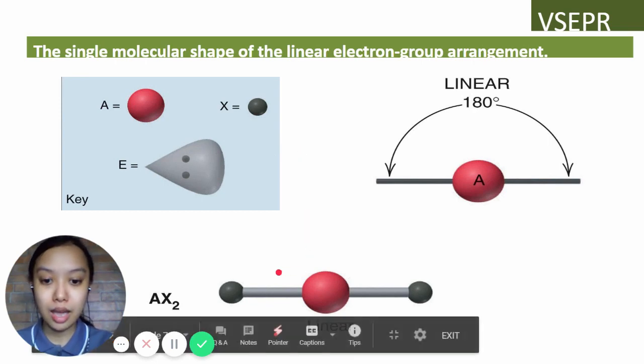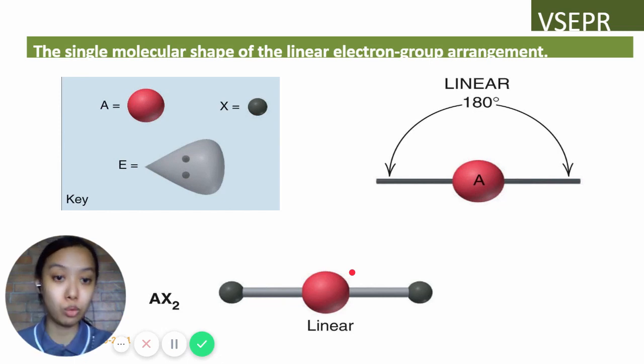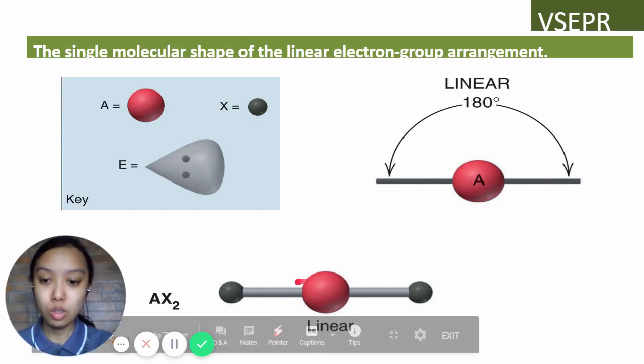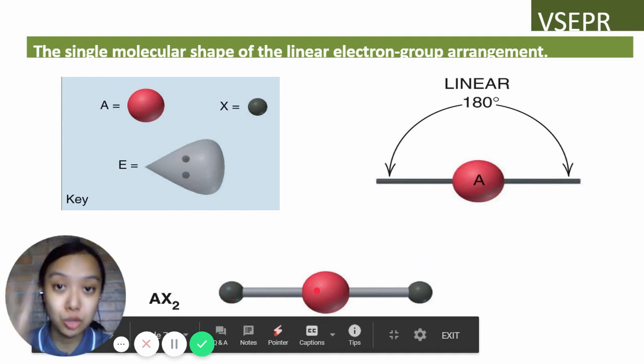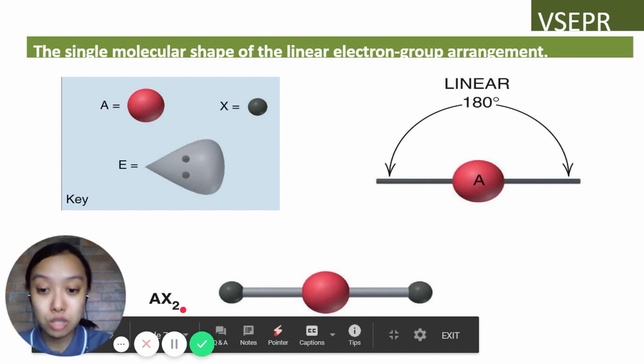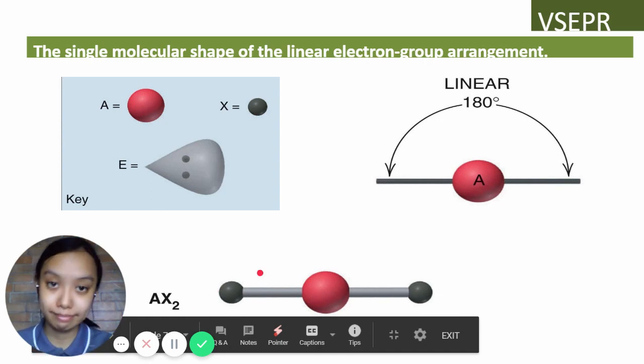So this is AX2, which is a configuration associated with a linear shape. Where did the two come from? Notice that there are two atoms attached to the center, so the 2 subscript comes from these two. There are no lone pairs, so there is no need to have the E.